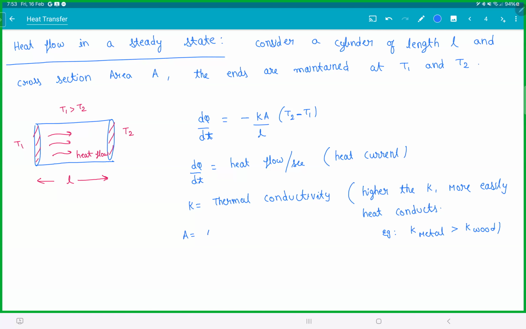A is the area perpendicular to the heat flow. L is the length along the heat flow. And the negative sign indicates heat flows from high temperature to low temperature.